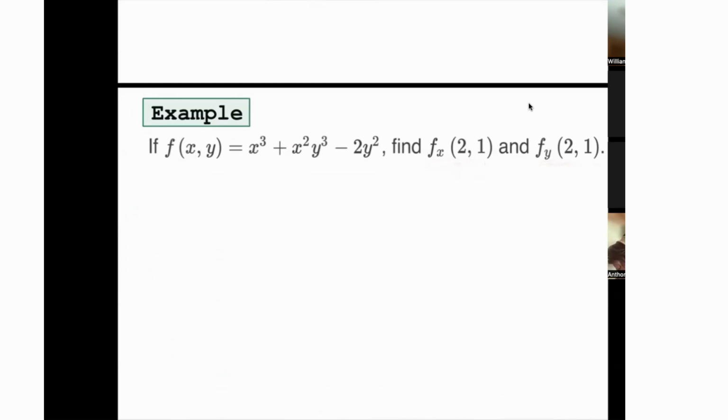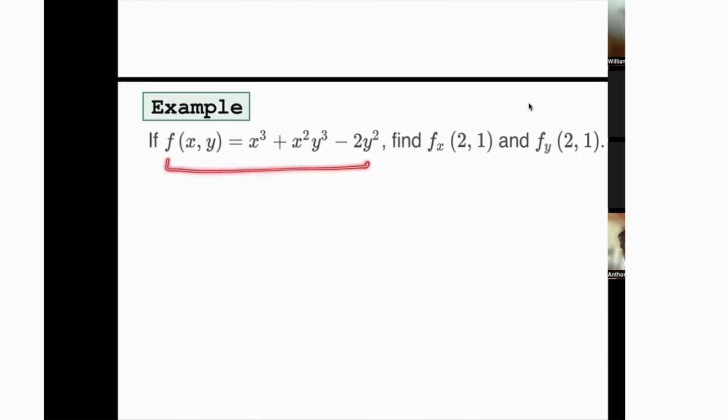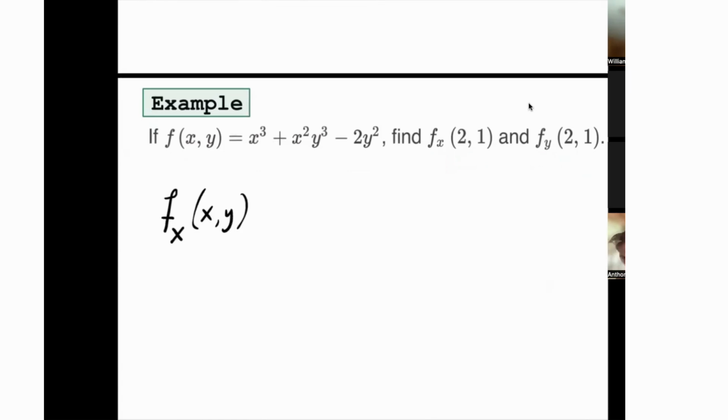To do that, let's first compute the partial derivative function using this rule. So what is the partial derivative of f with respect to x at the point (x, y)?